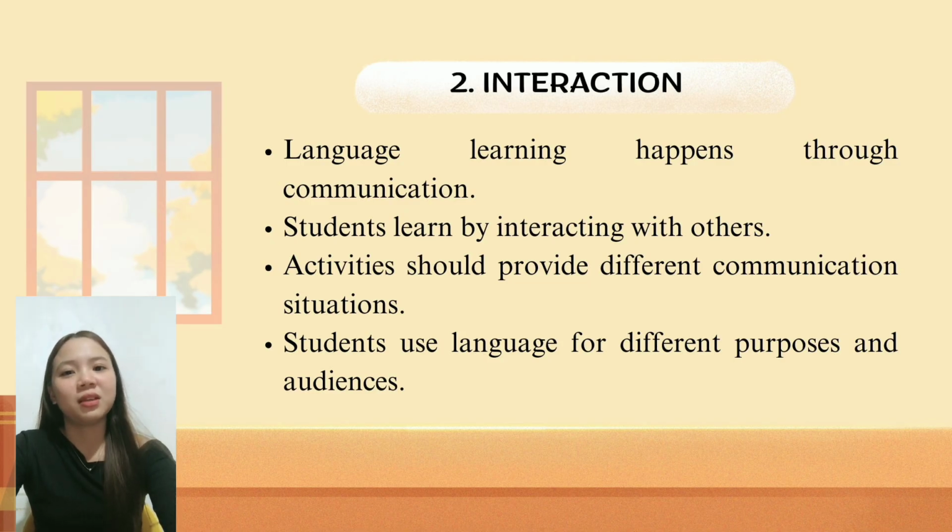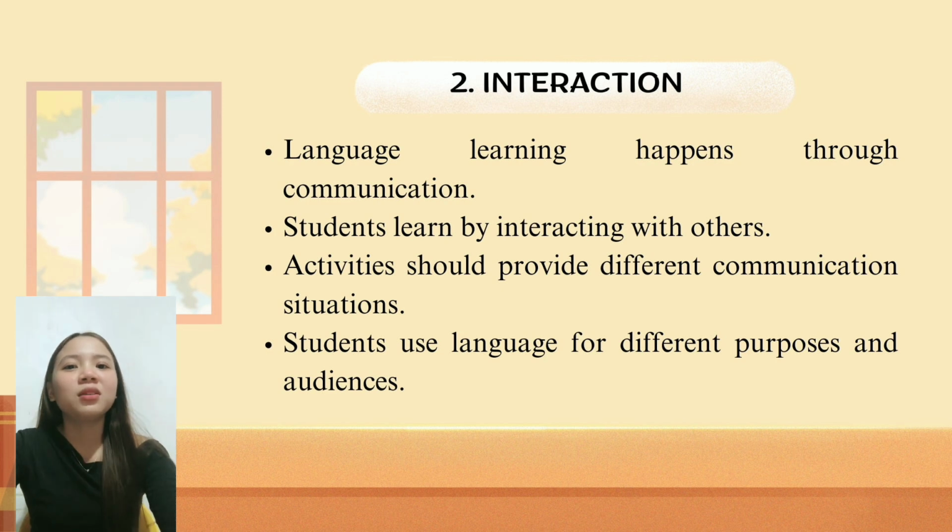Through these activities, students are not only listening to the teacher, they are actually using the language themselves. This is important because students cannot become good language users if they only study the language but do not practice using it. So the main idea is students learn language by using language. So dili enough nga mag-memorize lang ta. We also need to use the language and interact with other people para ma-develop gyud ang atong communication skills.